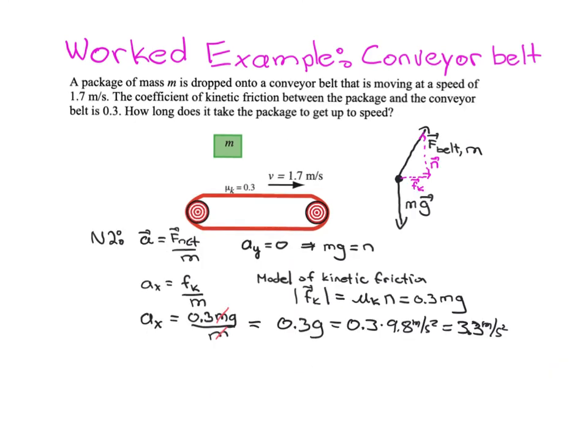If we know the acceleration, we know the initial horizontal velocity component is 0. The final one is 1.7.